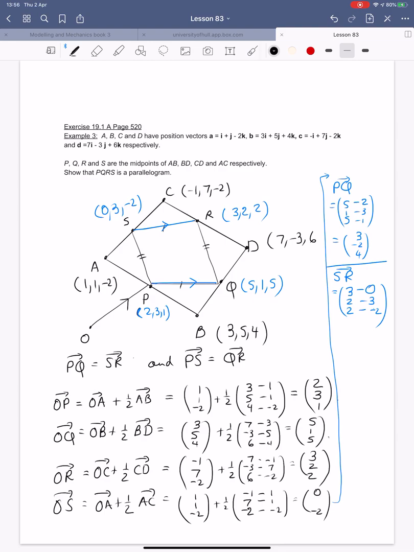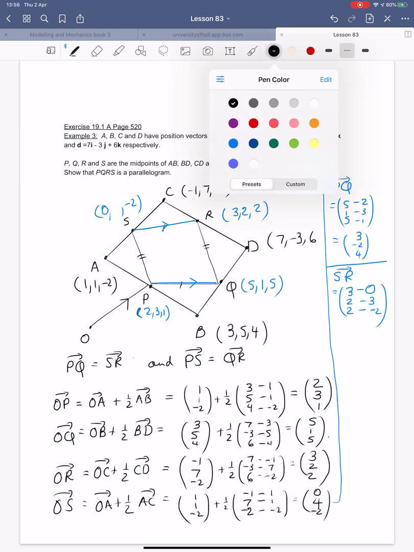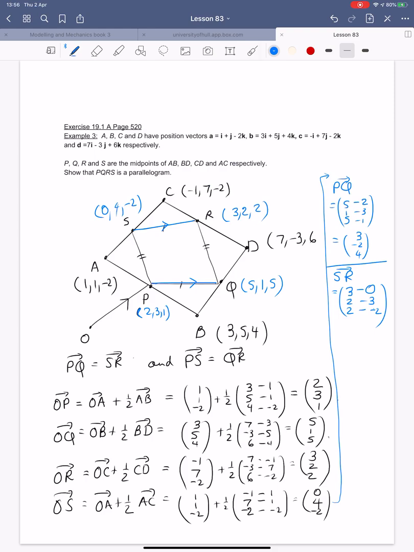The middle one, 1 plus a half of 6 is 1 plus 3, which is 4. So that means S has got a 4 in the middle there. So that one there needs to be a 4.